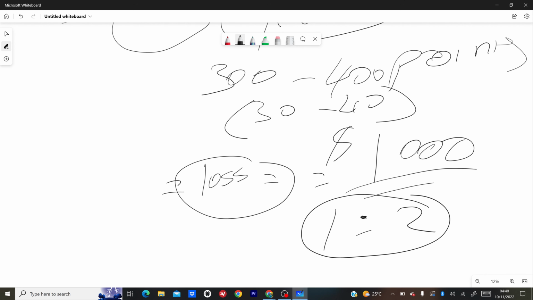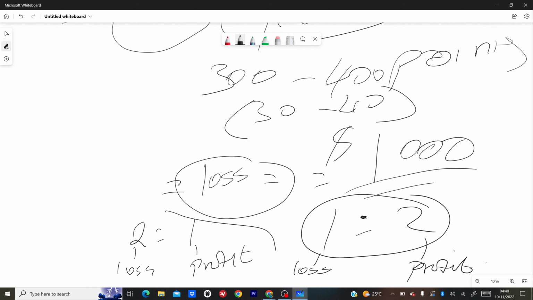This will be loss, this will be profit. Or maybe you can do the inverse, because this is smallest, this is loss, this is profit, if you know your theory is correct, because the movement actually is very, very volatile right over here.